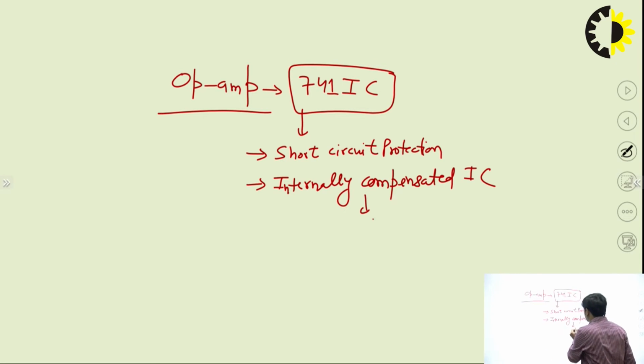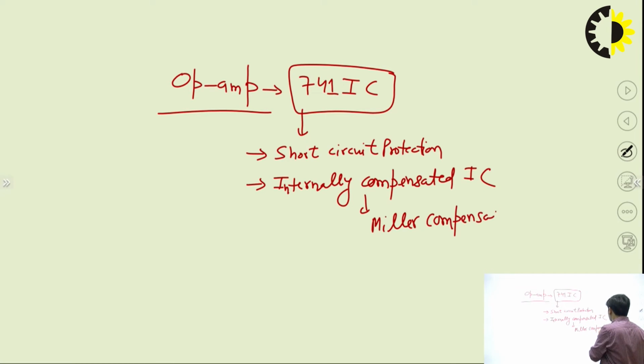In Miller compensation, a capacitor of a certain value is connected between the output and input of the high gain stage.